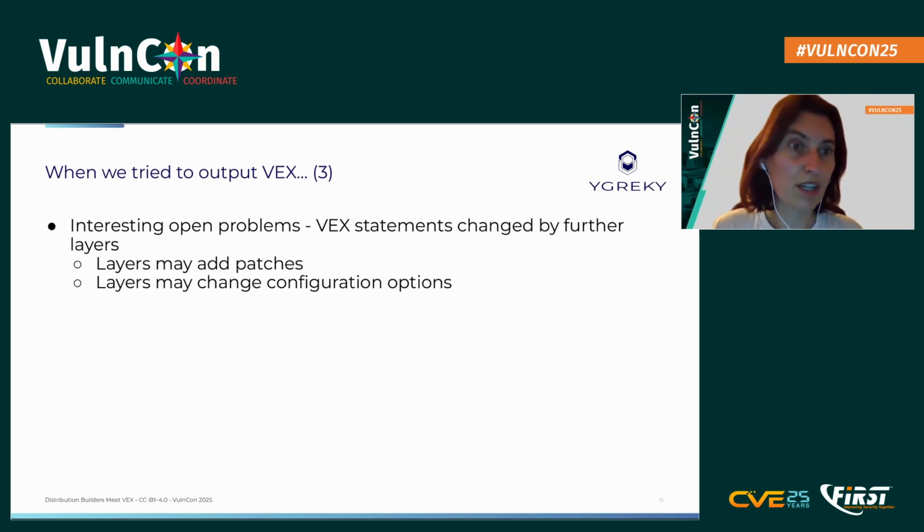For example, in the case of a configuration option, if there's a statement that this configuration option is disabled by default, and the package doesn't have a vulnerability, someone enables that option in their own layer in the same package, and the statement doesn't hold anymore.